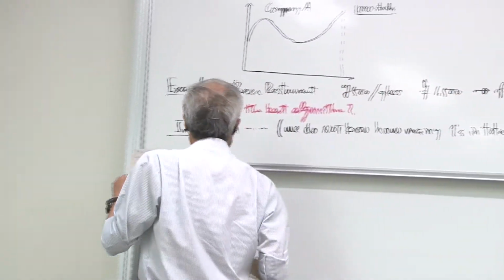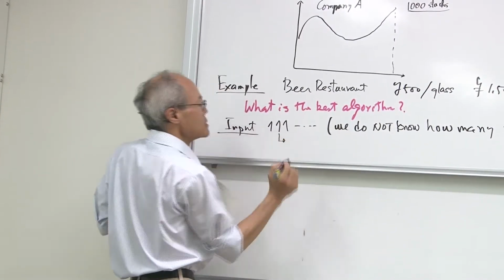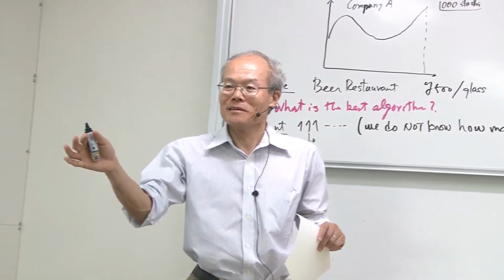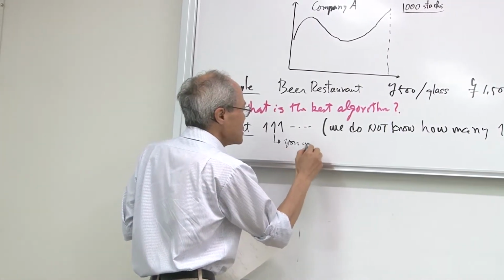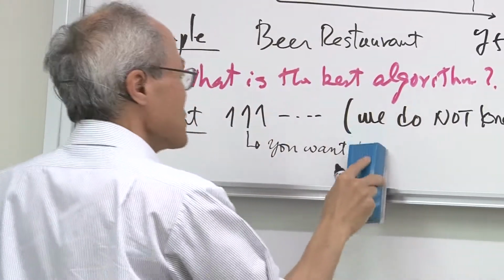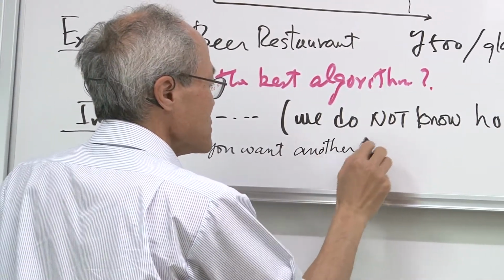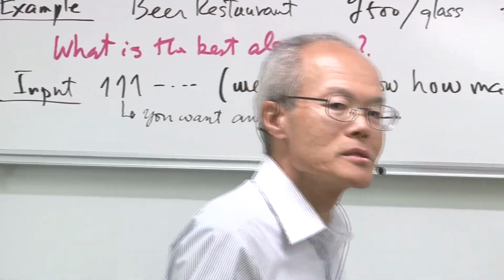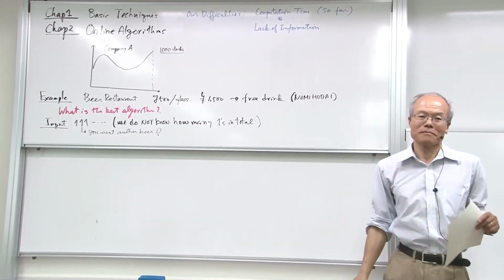And when each one comes, for example, this one comes, this means you just finished your previous glass and you want another glass. You want another beer.